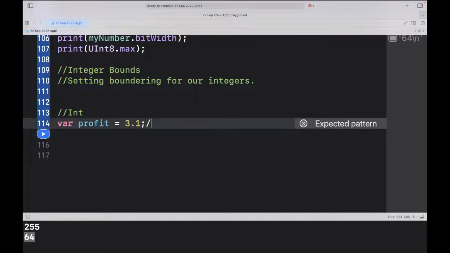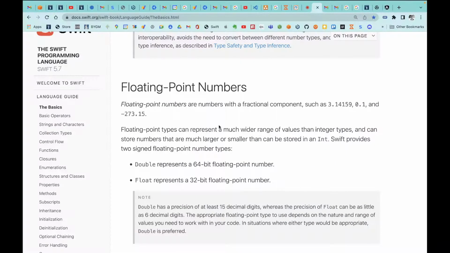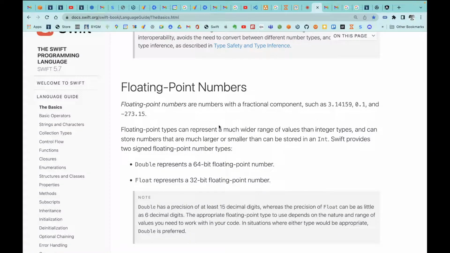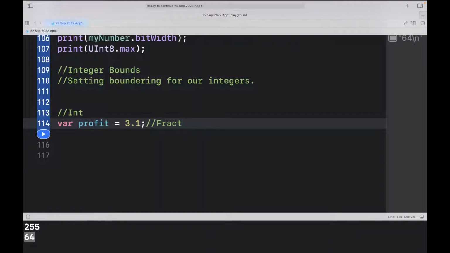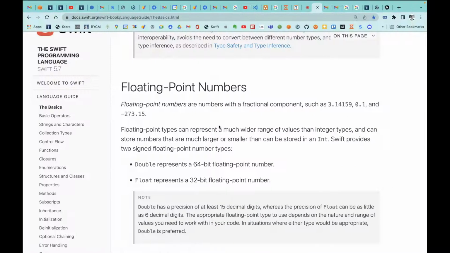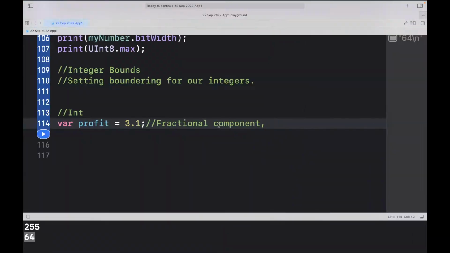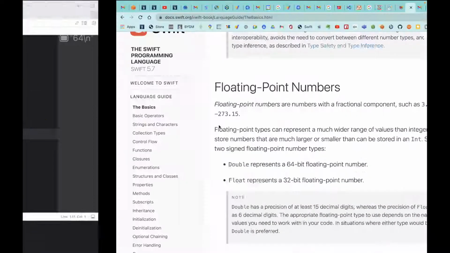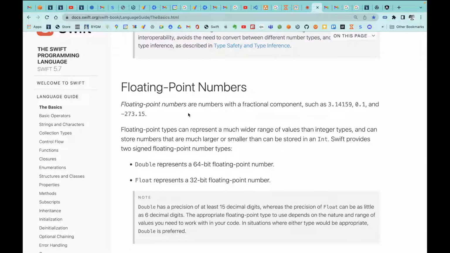A floating point number, as we came to learn, can have numbers with a fractional component. That's what we learn about these numbers. We know any number that has a comma or something, these are the numbers that are permitted to be identified as floating point numbers.